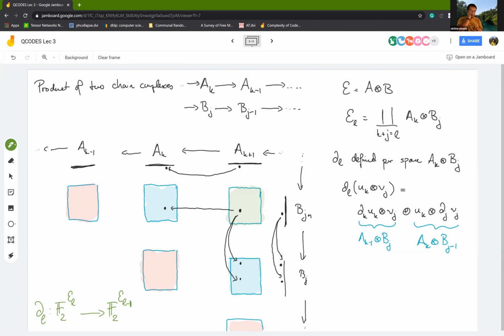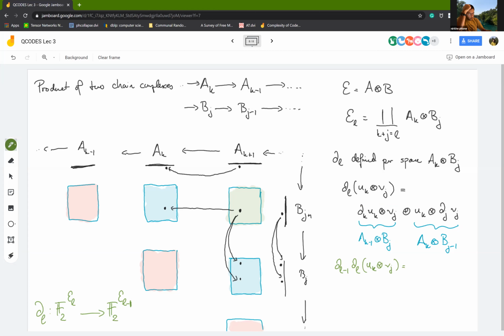So this definition ensures that delta square is 0 again. Okay. So there's two ways to see that. Anurag was asking, how do I check that this preserves the boundary map? One way to do that is I can actually calculate what delta_(L minus 1) delta_L of U_K tensor V_J would be. That would be just like applying delta_(L minus 1) to this guy here.